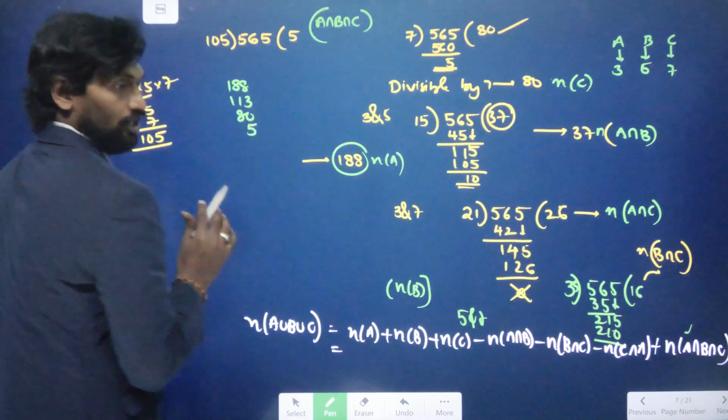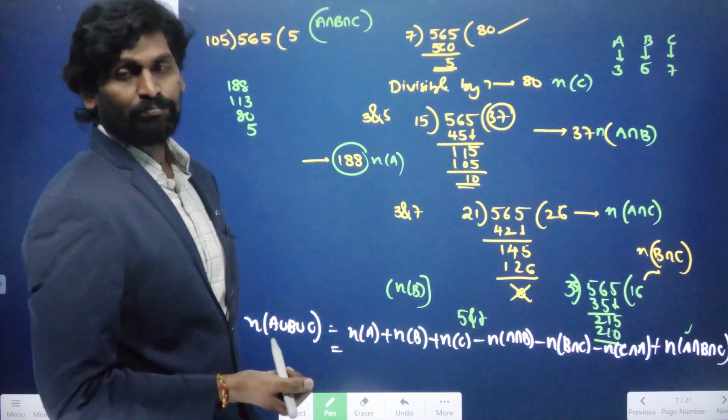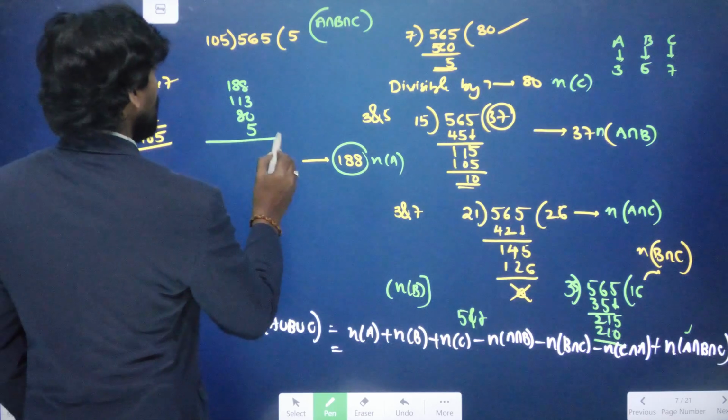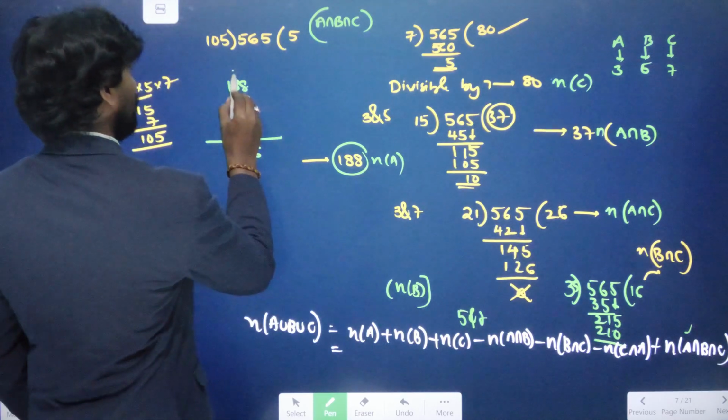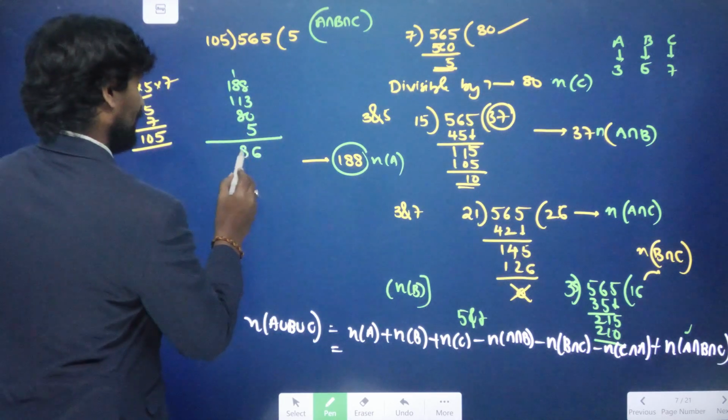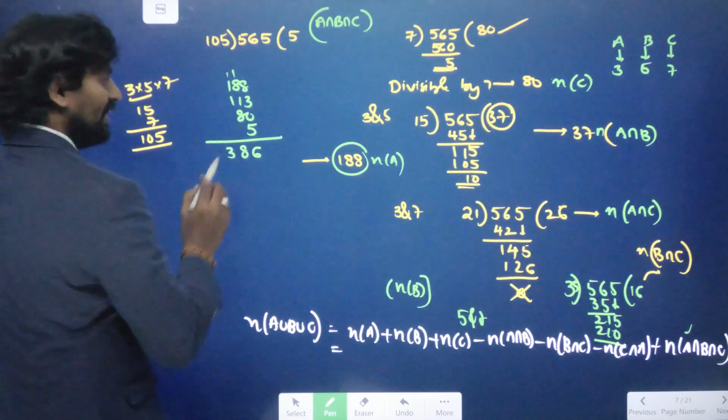Now let us add all the positive numbers, then later subtract the negative numbers. 188 plus 113 plus 80 plus 5 is 386.